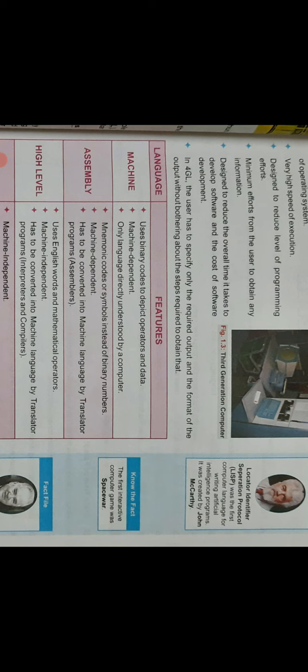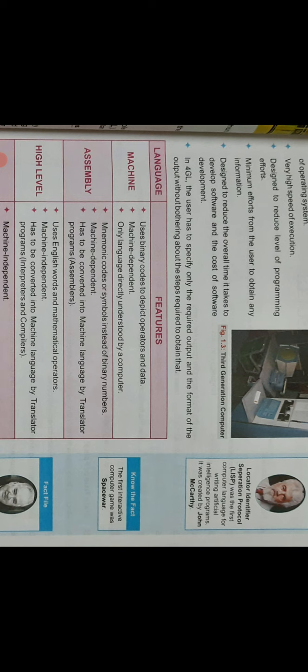Sumit is trying his hand in Java programming, but he does not know which type of language it is. Help him in solving this query. What type of language is Java? Java is a high level programming language.